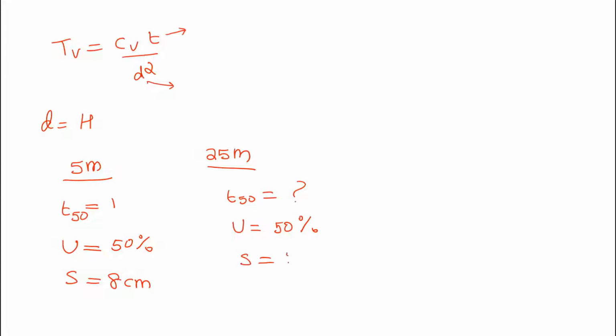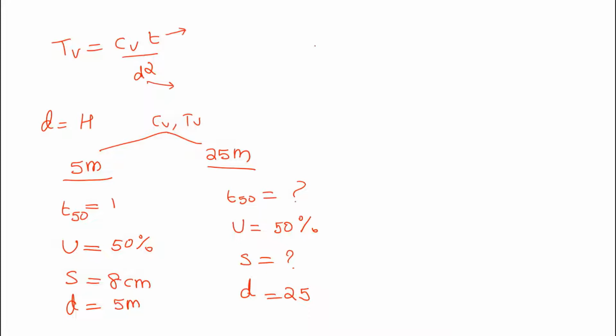I don't know what the settlement is, but I know D is 25 here and 5 meter here, and Cv and Tv are the same for both the clay layers since I'm considering both at 50% consolidation.